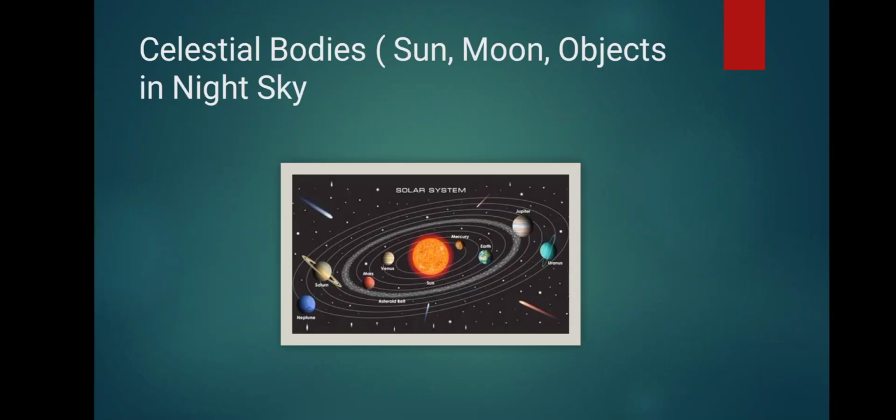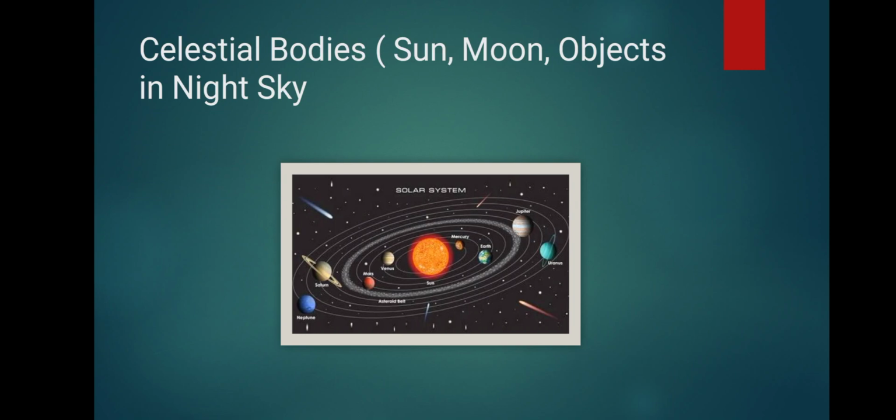Now if we talk about celestial bodies, while looking at the sky we generally have several questions. You may wonder why we can't see the moon and all those bright tiny objects during the daytime.